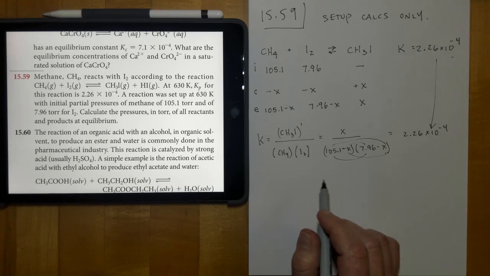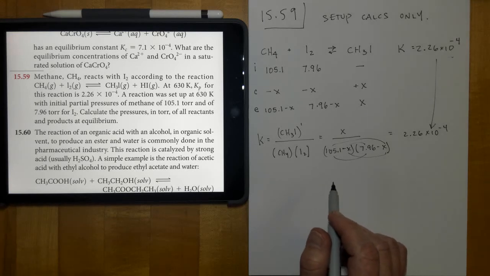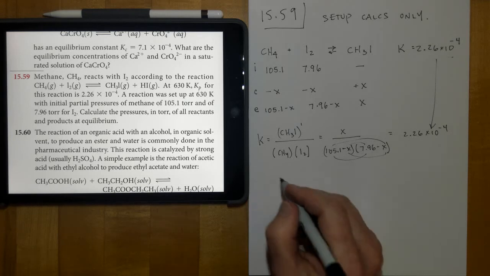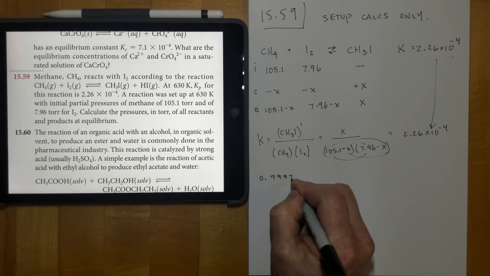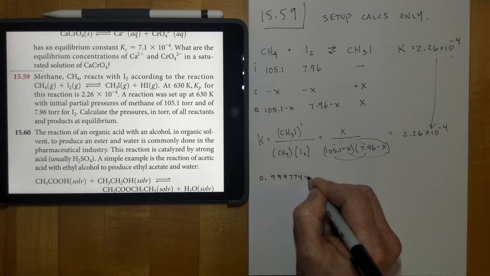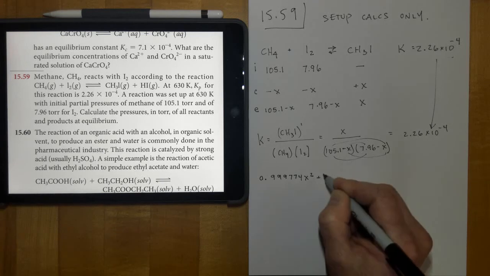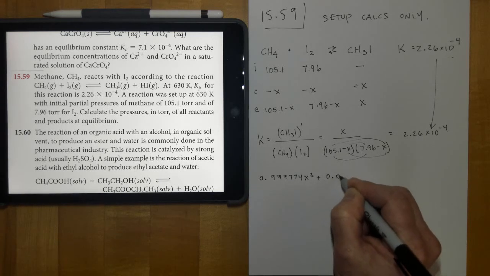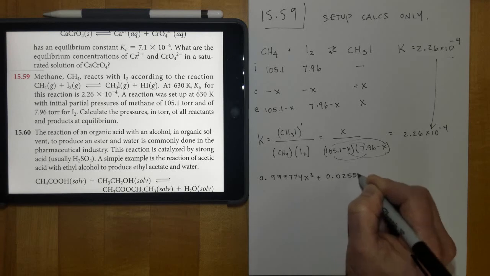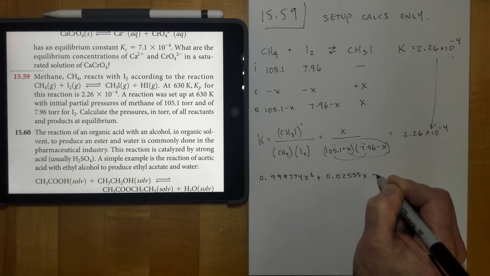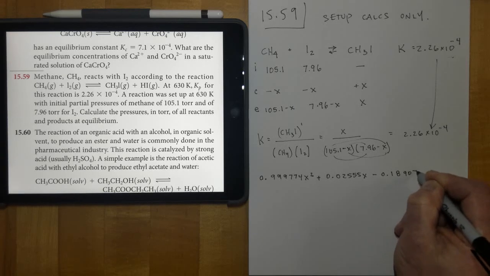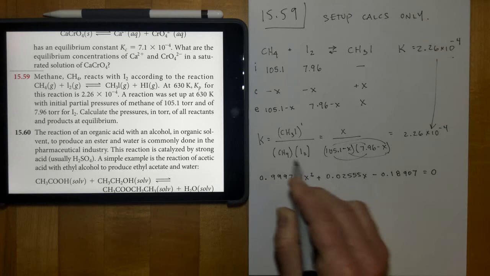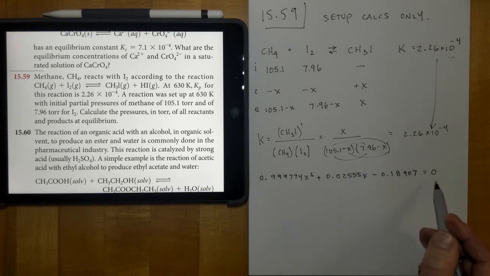And once we do all of those values together, then we will get our equation of, I'll write it out, 0.999774x squared plus 0.02555x minus 0.18907, and that's after I did all the algebra to set it equal to 0.